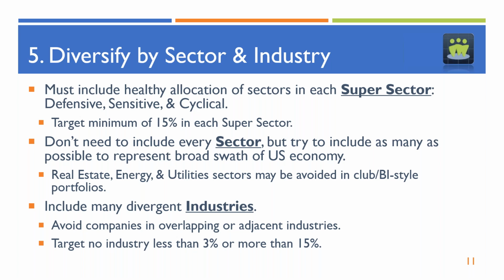The sensitive and cyclical will be driving the returns of your portfolio during expansion modes of the economy. And since we have more expansion modes than recessions, you can weight most of your holdings in those sensitive and cyclical sectors. But defensive stocks are a good hedge, a good insurance policy, if you will.